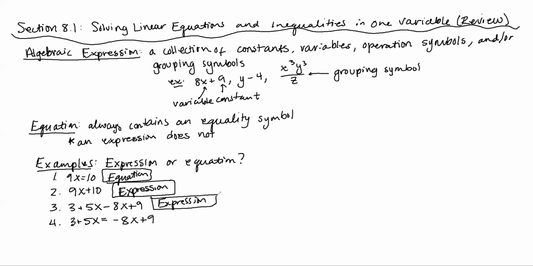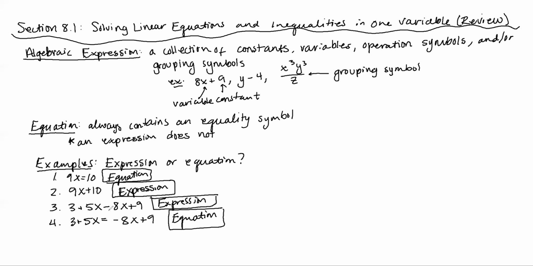Number 4, we have an equal sign, which means this is an equation. And remember, if it's an equation, we can solve for x. If it's an expression, all we can do is simplify. There's no x equals some number at the end. It's just simplifying it down.